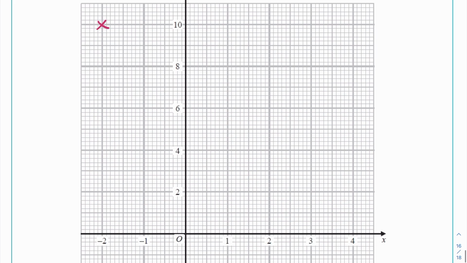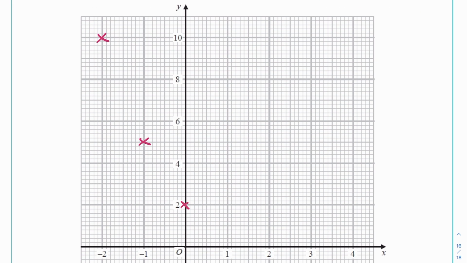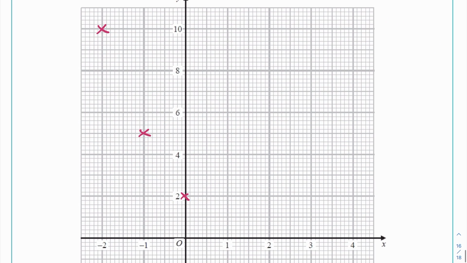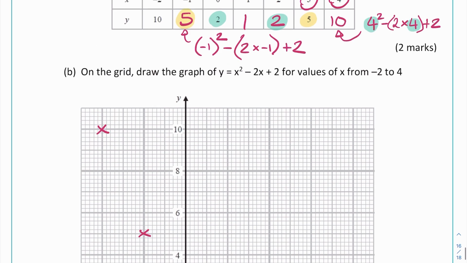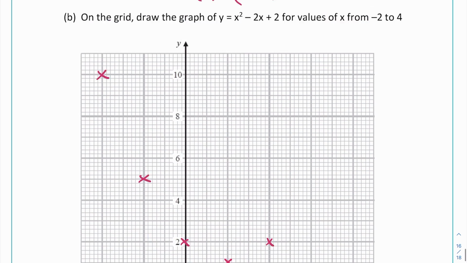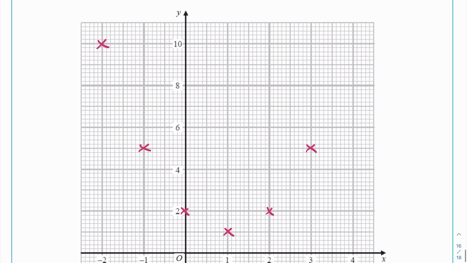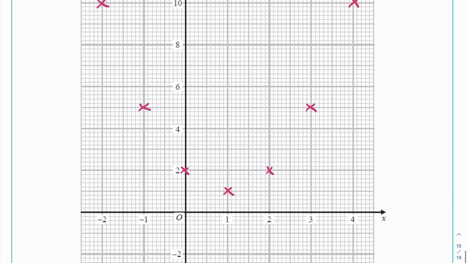We've got negative 1 to be plotted on 5, just here. 0 and 2, 1 and 1, 2 and 2, 3 and 5, and 4 and 10. And there you go, you can see it makes this U shape.